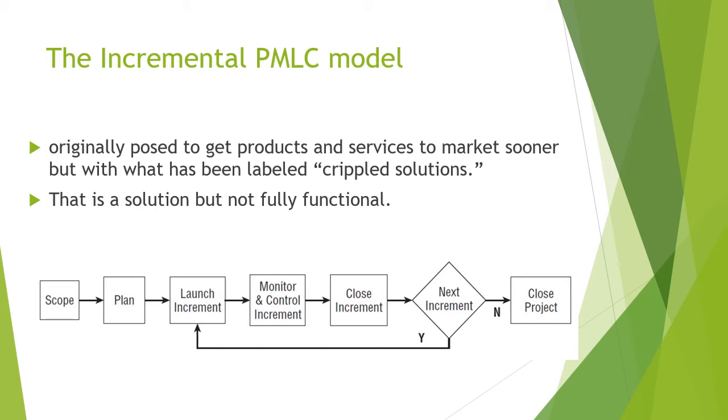This type of project management life cycle is a bit different from the waterfall. We have the scope at the beginning, and we plan based on our scope. The scope is the dimension we have about the project. What is going to be included in the project and what is not to be included.